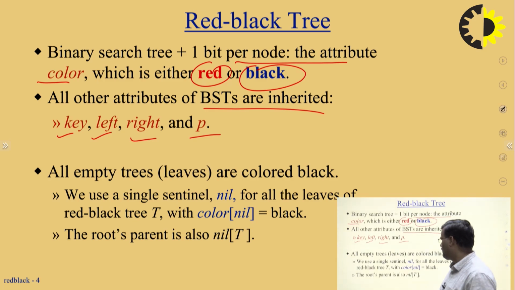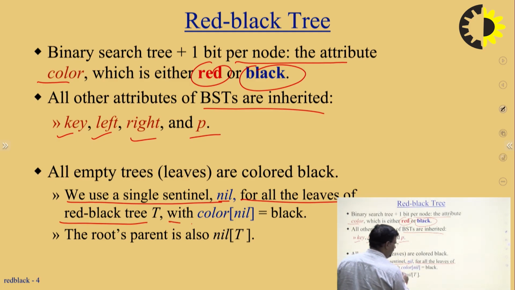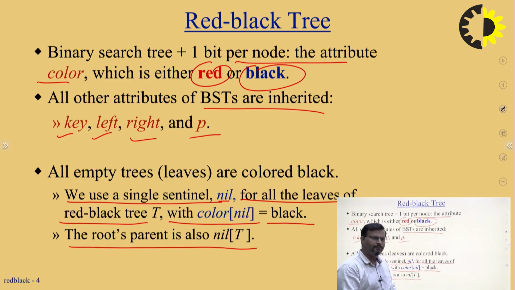We will use a single sentinel nil for all the leaves of the red black tree, with color black, the color of nil. Then the parent of the root is also nil.